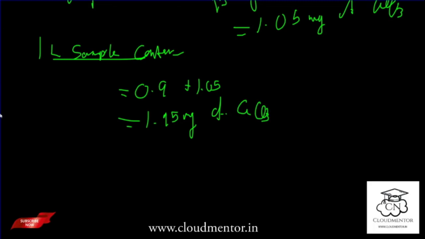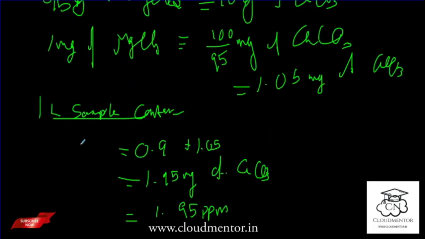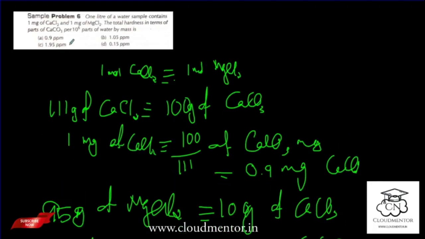That is equal to 1.95 parts per million. So the answer is 1.95 parts per million. So option C is the right answer.